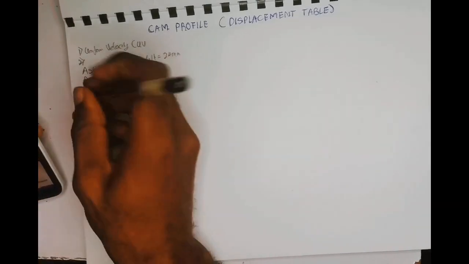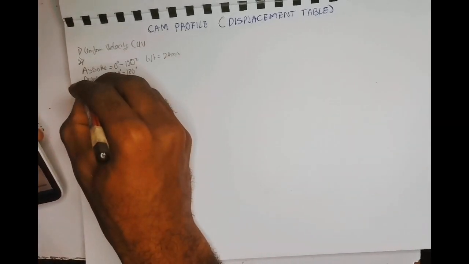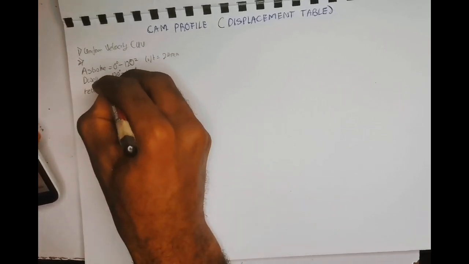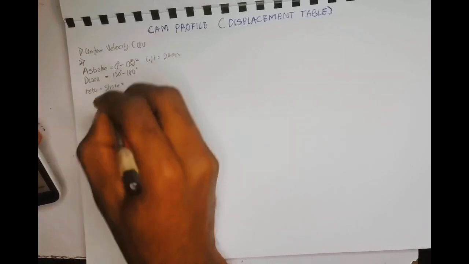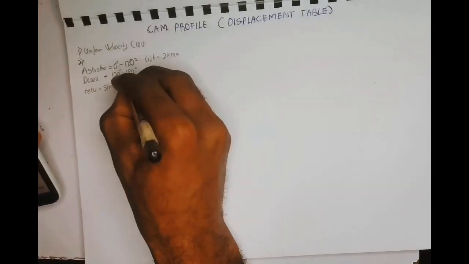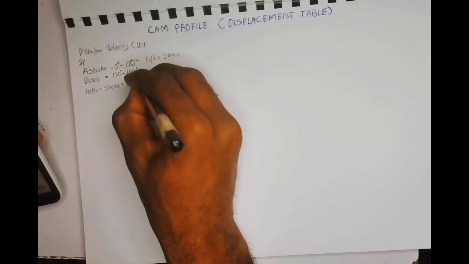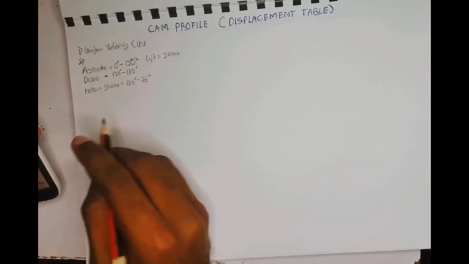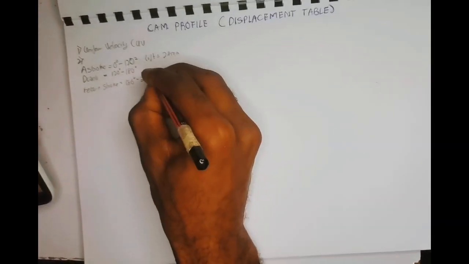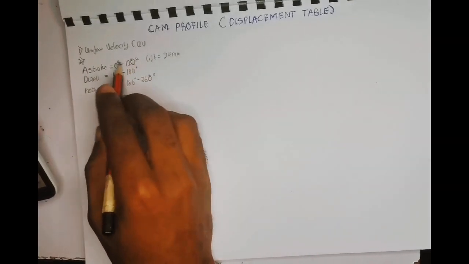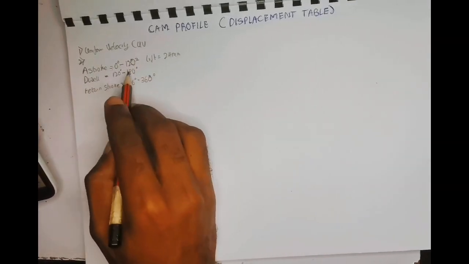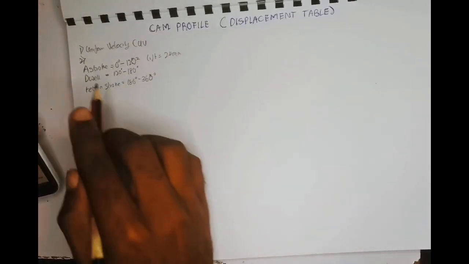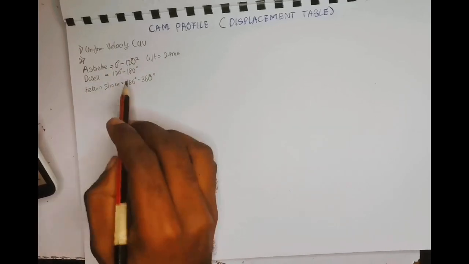And last, we have the return stroke, which is 180 degrees to 360 degrees. We take the subtraction of these to get the actual A stroke, dwell, and return.